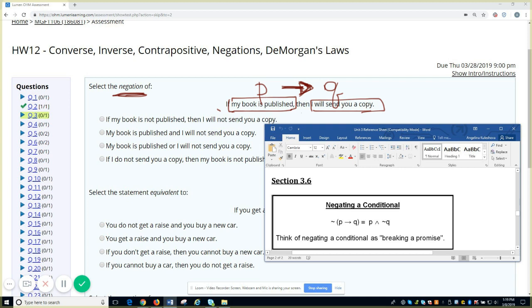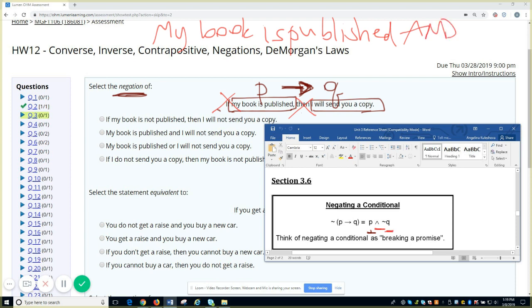The rule says drop the if and the then parts of your statement. I'm going to restate the P: my book is published. Then I have to include the connective "and," then negate the Q. Q is "I will send you a copy." The negation of Q is "I will not send you a copy."